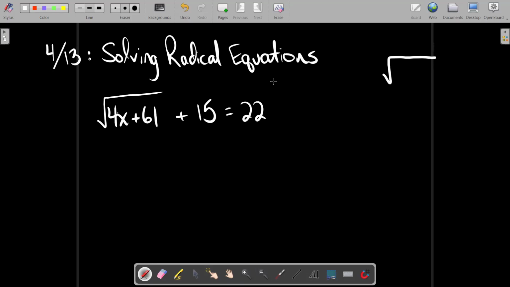We've seen it with exponential equations, and with absolute value equations and inequalities. You and I both know that this is our focal point, even though we've never seen it before. So we need to get the 15 to the other side first. We're going to subtract 15 from both sides, leaving us with this.